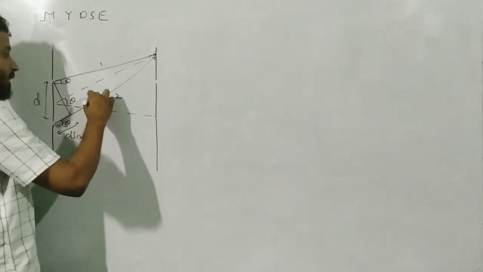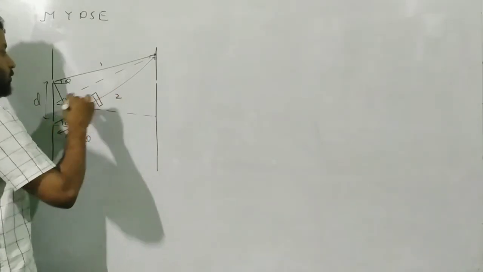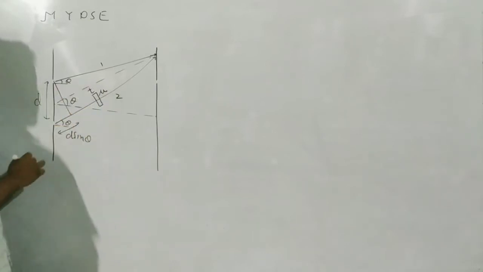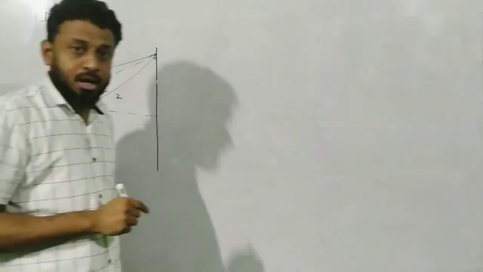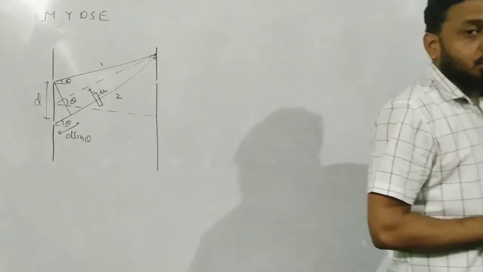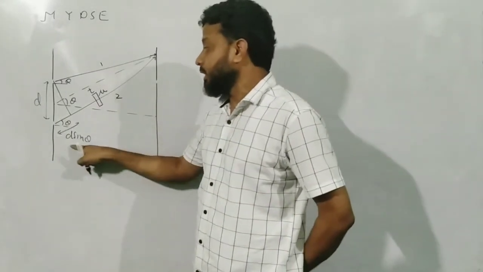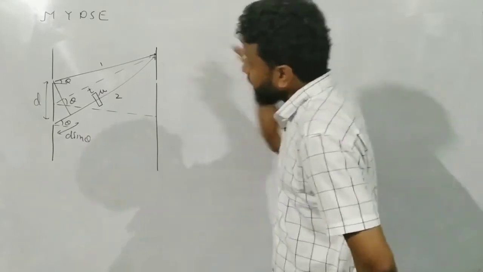What if I place a slab also in the path of 2? That means 2 will travel an additional path of t(mu minus 1). And remember, 2 was already traveling an additional path of d sin theta, and now I am putting a slab in that.